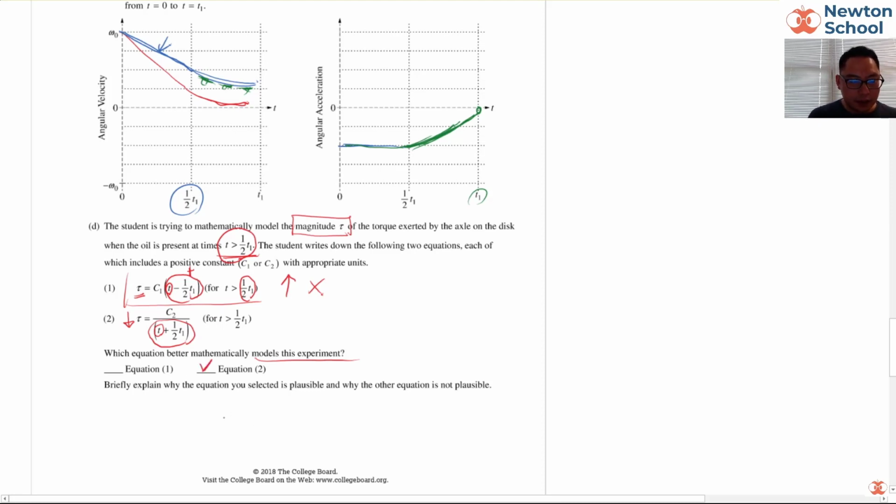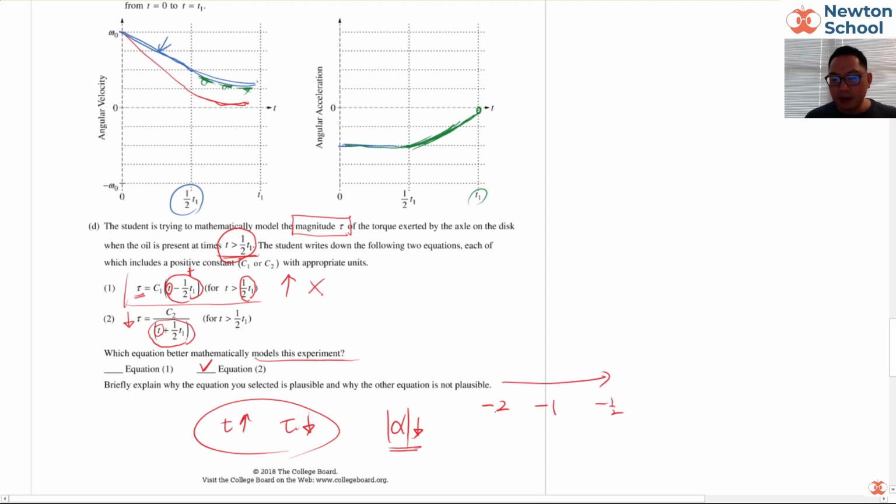And the reasoning is, as t goes up, torque goes down, right? Then alpha goes down, the magnitude of alpha will go down, okay? I have to be careful with this because the magnitude of alpha, for example, is like -2 becoming -1 and -1/2. The magnitude of that is decreasing, but actual alpha is actually increasing, okay?